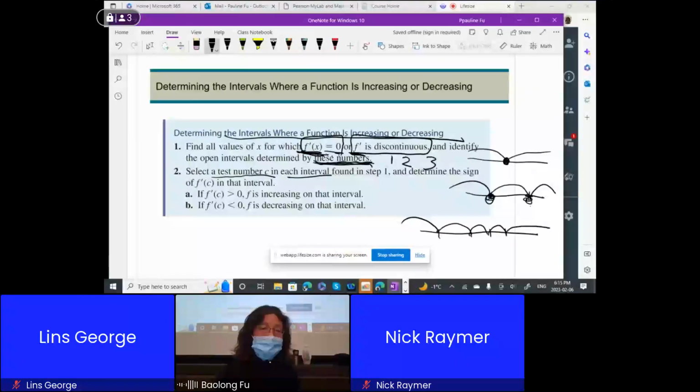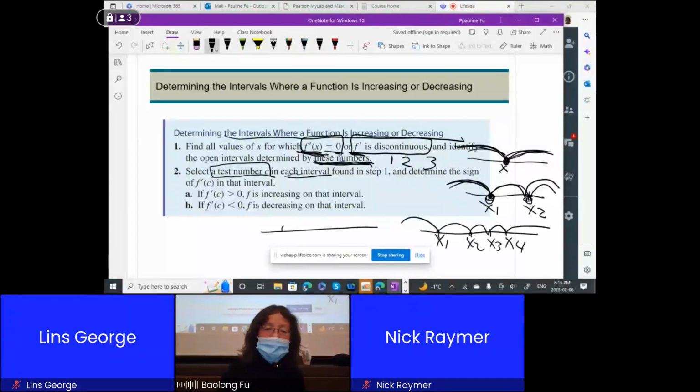This is step 1. And in step 2, you select a test number in each interval. This is the interval when you have just 1 number x. And these are the intervals when you have 2 numbers, x1, x2. And this when you have 3 numbers. Okay, this is actually when you have 4 numbers. I should draw another picture. When you have 3 numbers, you have those intervals.